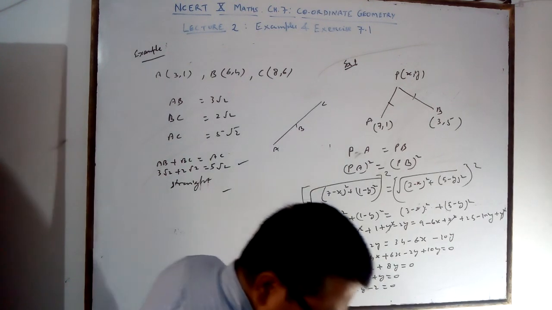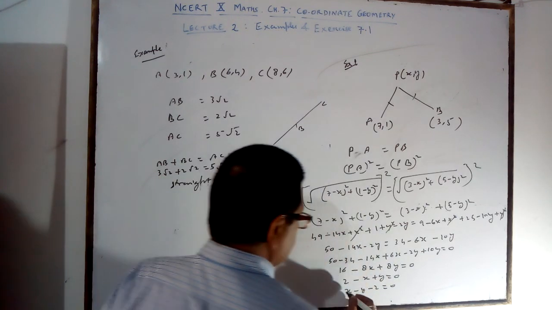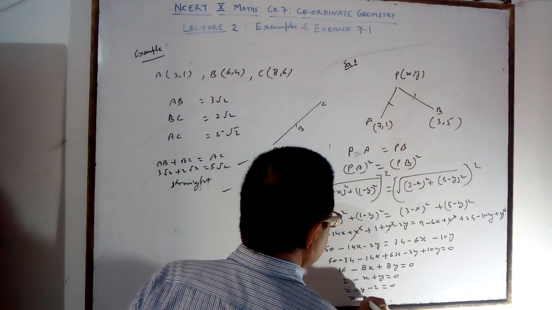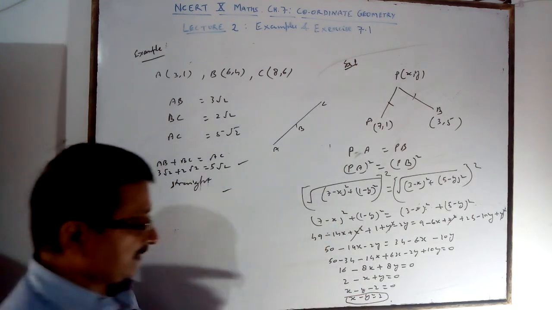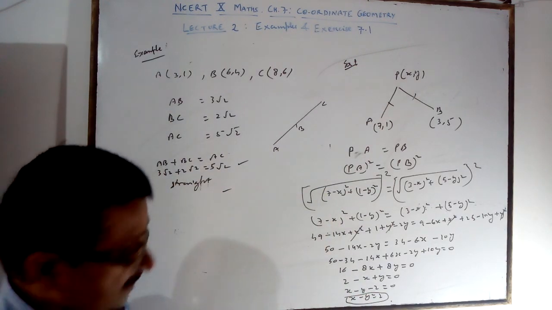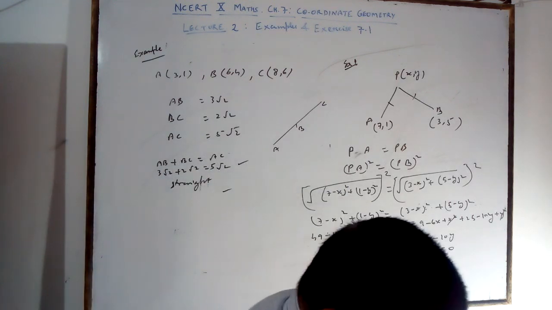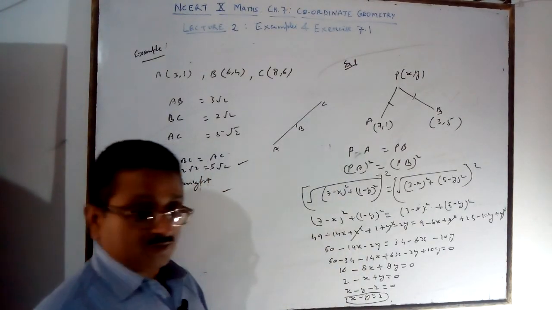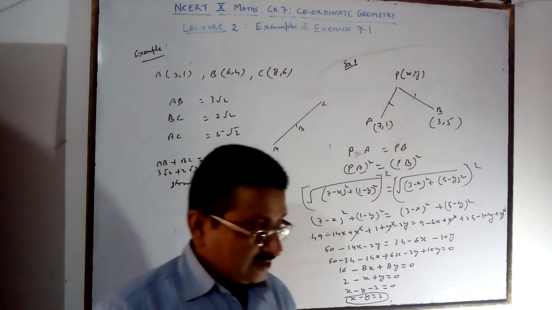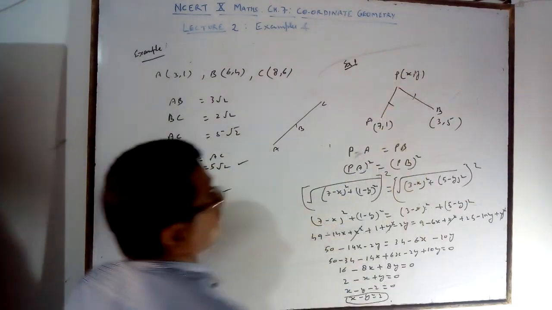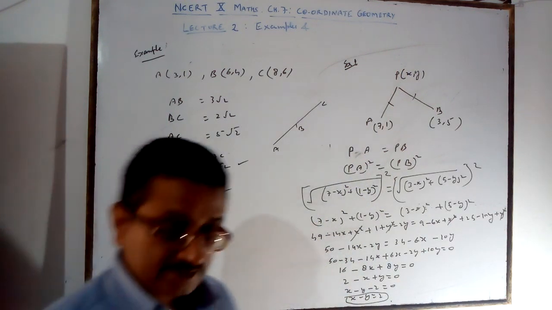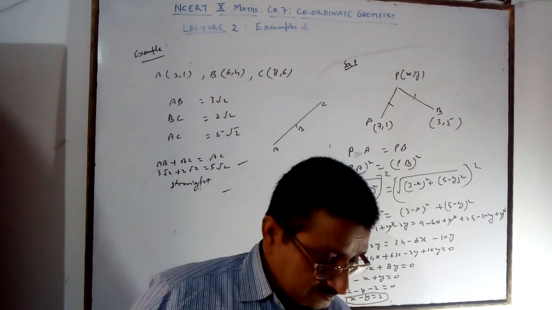It is the relation between x and y, or you can write x minus y is equal to 2. This is your example number 4. The exercise is not over yet; in the next lecture I will tell you the rest. Thanks.